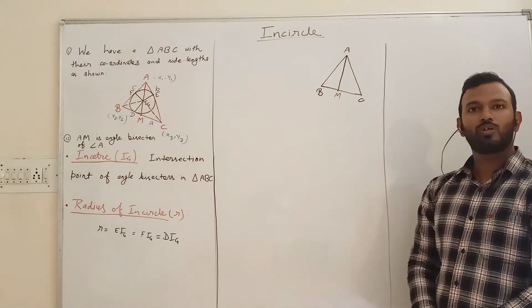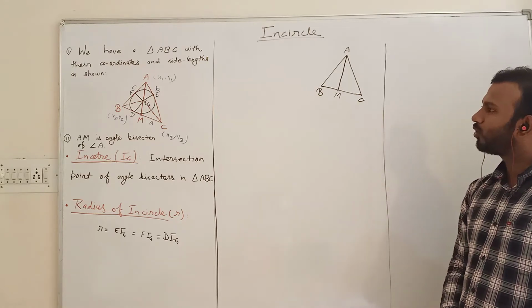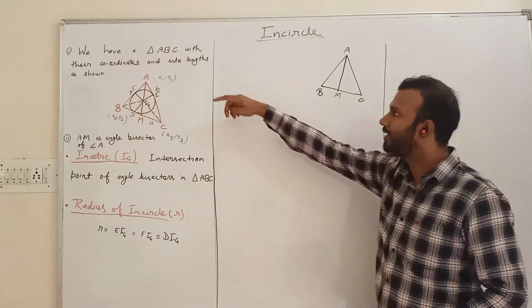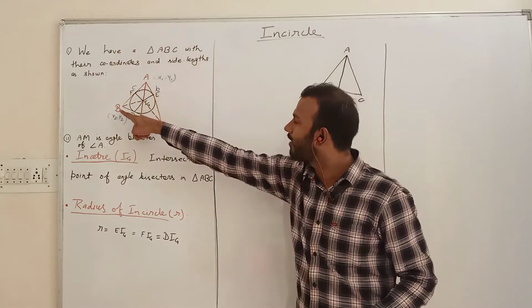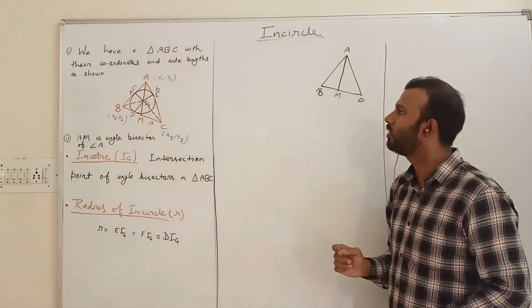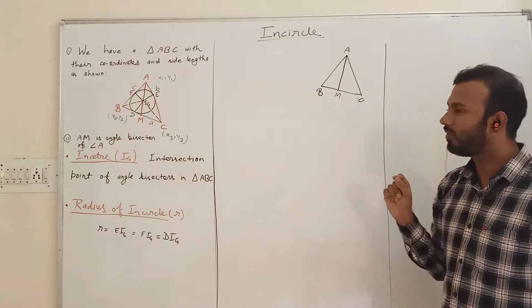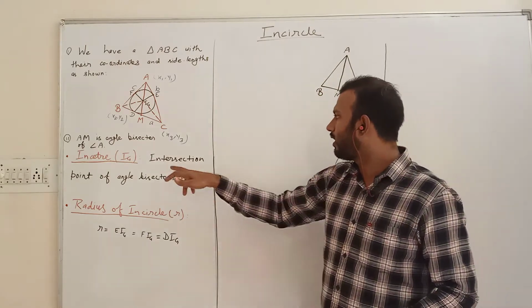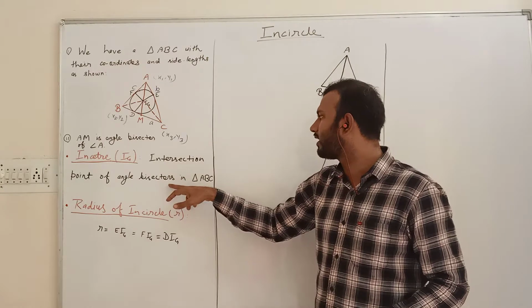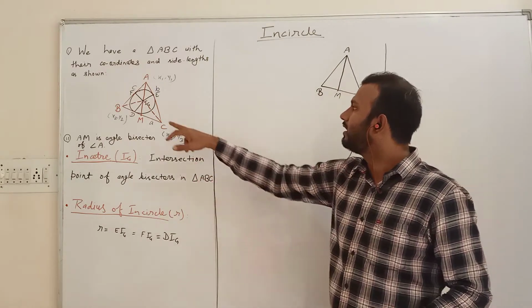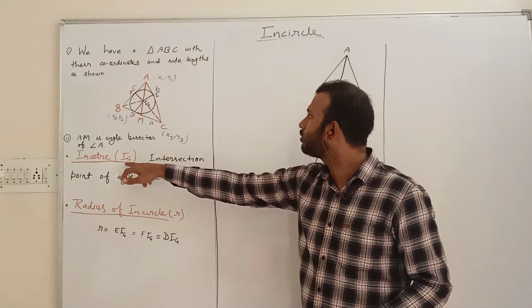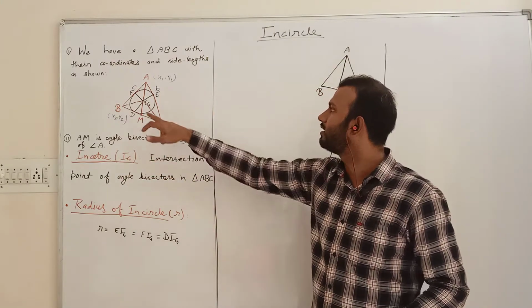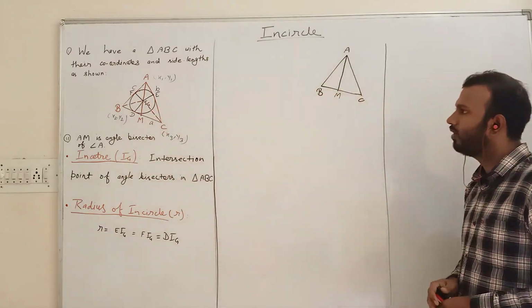When you draw two angle bisectors, let's say the angle bisector of angle A and the angle bisector of angle B, as shown with the red marker dots, the intersection point of the angle bisectors in triangle ABC is the incenter of the incircle, and it has been shown with I here.